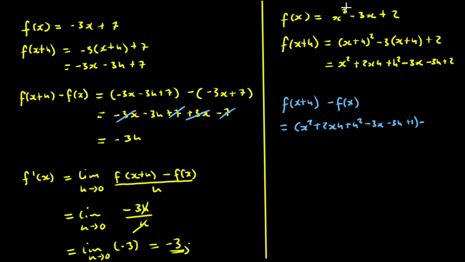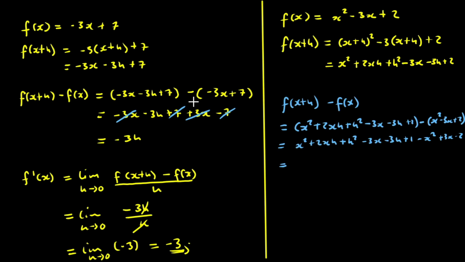And I'm going to subtract f of x, which is x squared minus 3x plus 2. Let's expand brackets. We have x squared plus 2xh plus h squared minus 3x minus 3h plus 2 minus x squared. This one becomes plus 3h minus 2. Remember, the negative affects everything inside.